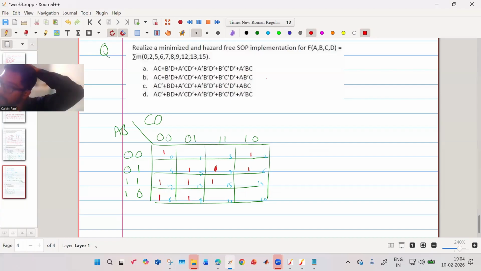Okay. So now, how can we draw the K map? We can draw the K map like this. Okay. Like we can have a K map. This is one K map we got. This is another K map we got. This is another K map we got.